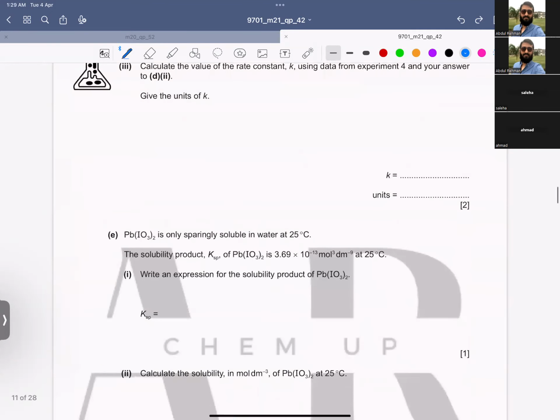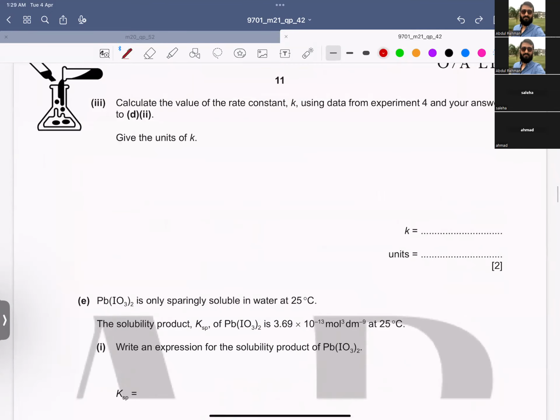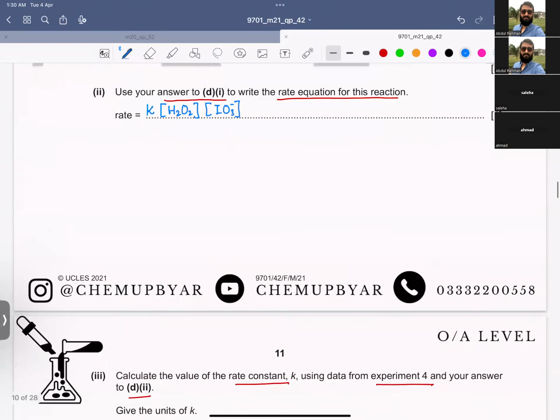Okay. Now calculate the value of rate constant K using the data from experiment 4 and your answer in D2. So in D2, we have made the rate equation. And if I make K the subject in the rate equation, it would be K equals rate upon concentration of H2O2 times concentration of iodate ions.